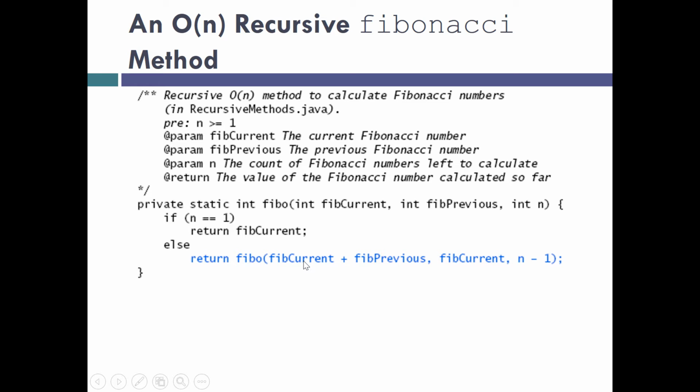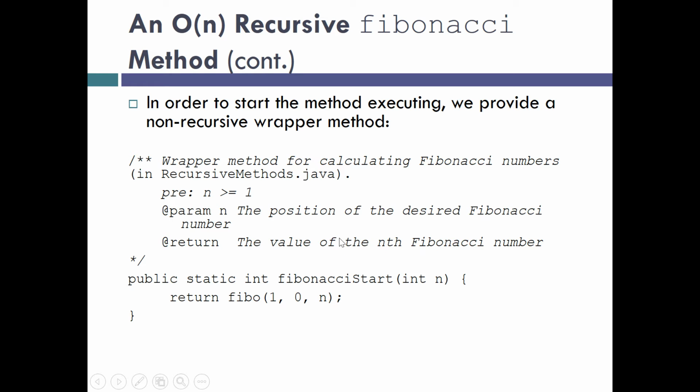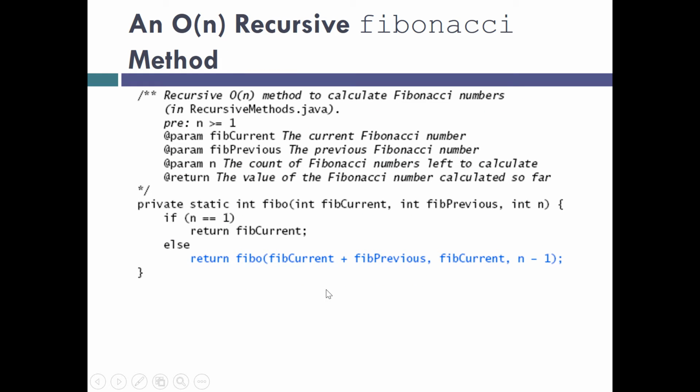We're going to be counting up in this case. We start by saying our first Fibonacci numbers are 1, 0, and we need to do n iterations of this. It adds the current Fibonacci number plus the other Fibonacci number to generate the new one.